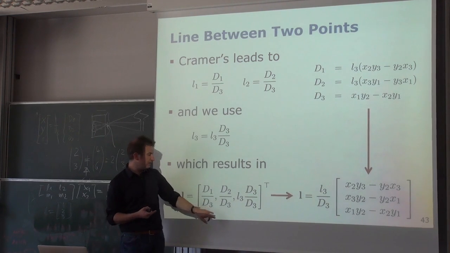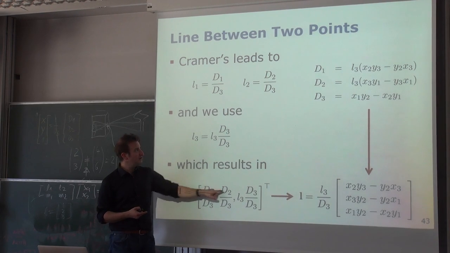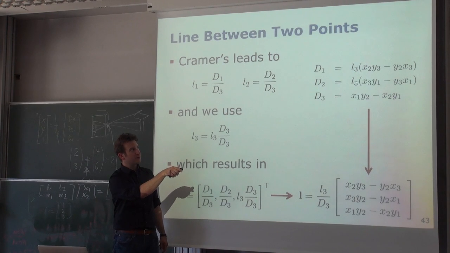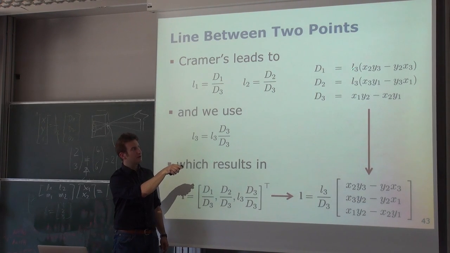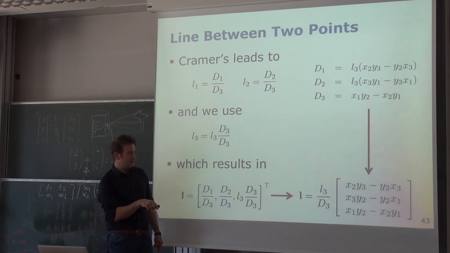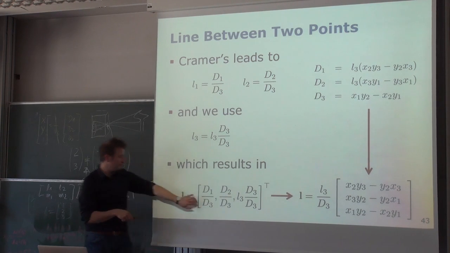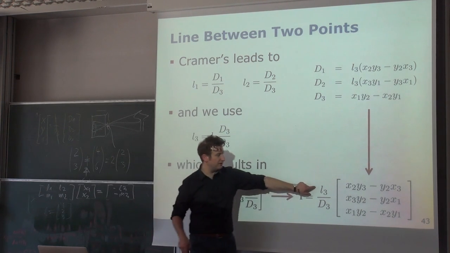The first thing I can do, as in D1 and D2, I have my L3 in here as well. Right? So I can actually move that out. Move L3 divided by D3 out of the vector. I have that here.